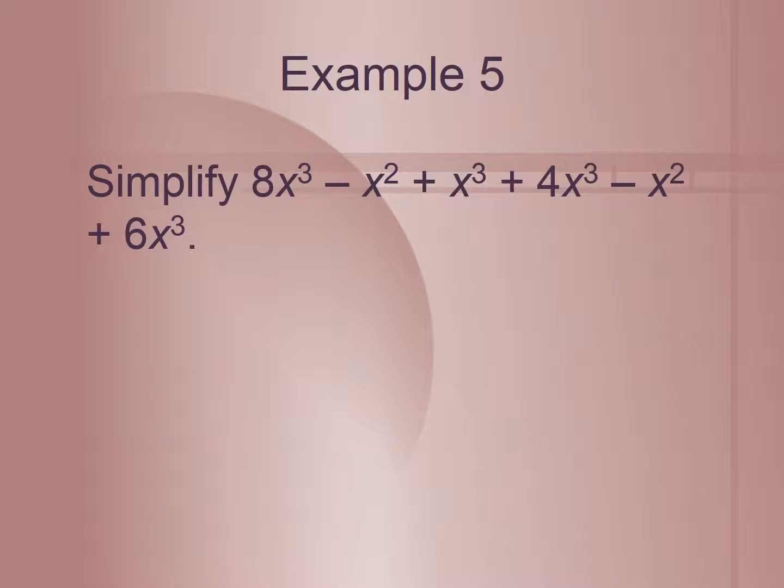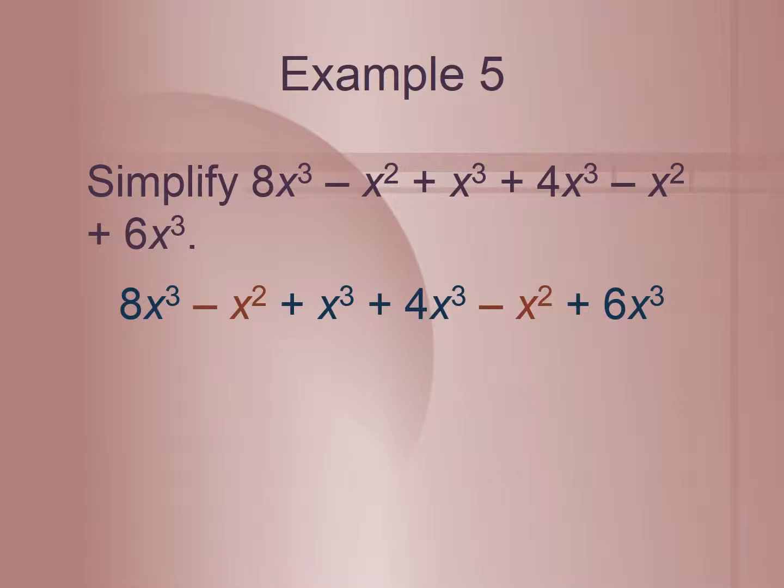Let's look at this example. This one's a long one. 8x cubed minus x squared plus x cubed plus 4x cubed minus x squared plus 6x cubed. So remember, step 1, identify the like terms. I put in blue the terms that have x cubed, and in brown are the terms that have x squared.